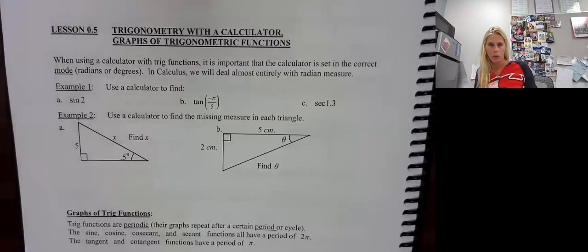Welcome back, guys. We're going to do trigonometry with calculators, and we're going to do some graphing, okay? First of all, let's keep in mind that I've said that on your AP test, you will most likely be doing radians.